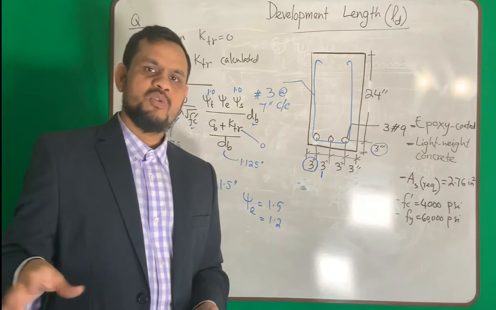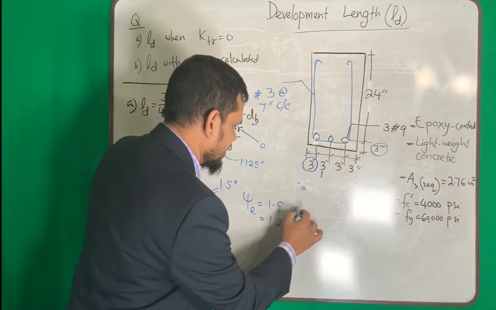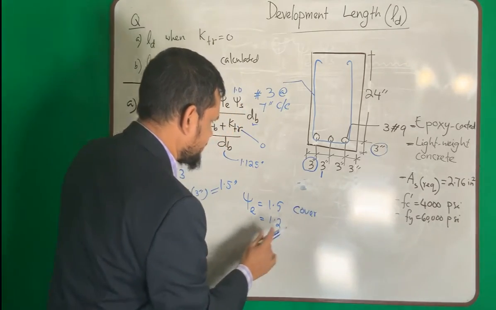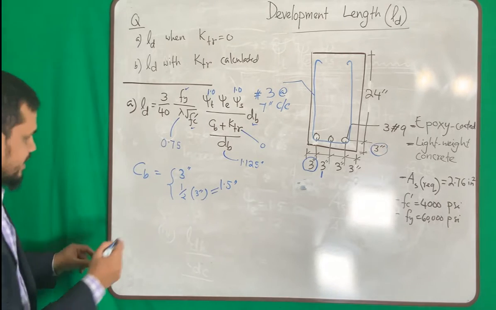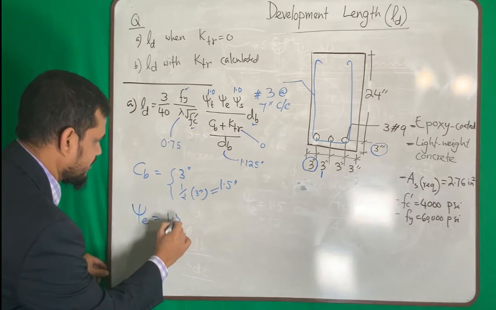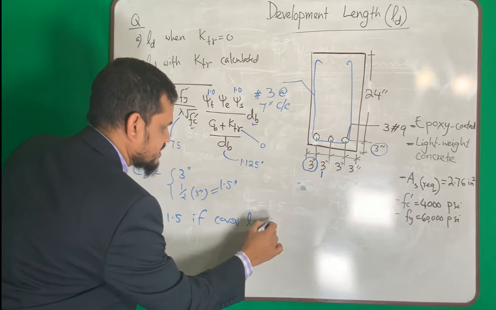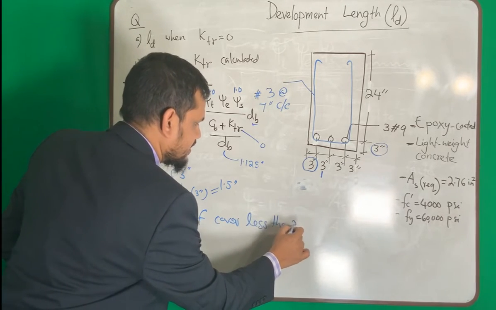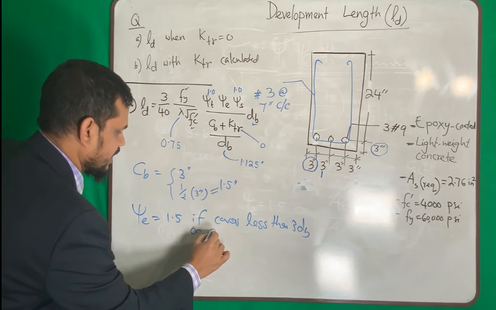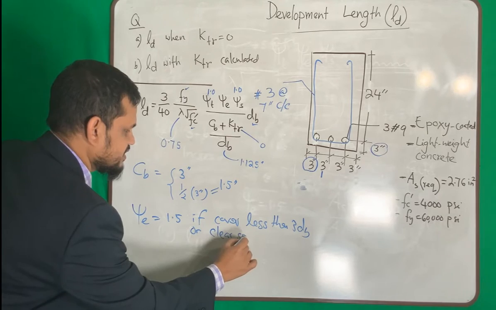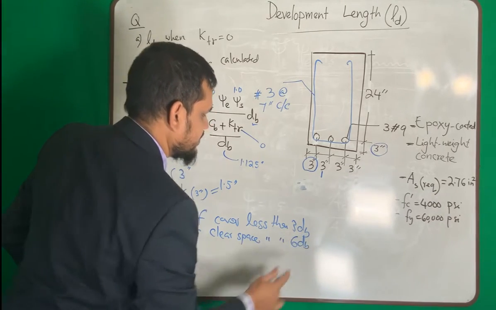If you can remember, go back to your book. So epoxy 1.5, if cover is less than 3 times bar diameter, or clear space less than 6 times bar diameter.